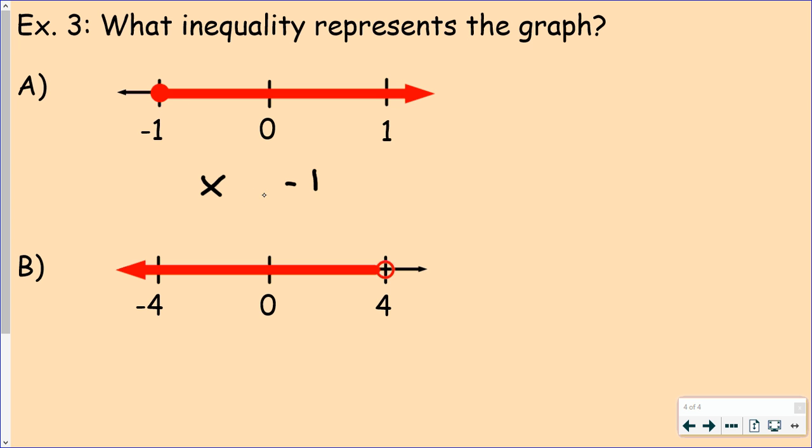Now we have to figure out the inequality symbol that goes here. First off, this is a closed circle, so I know it's going to have a line underneath it, meaning or equal to. The numbers to the right of negative 1 are the ones that are shaded. So that means that x is negative 1 or any value greater than negative 1. And so it would be greater than or equal to negative 1.